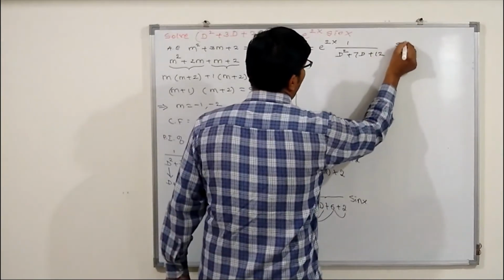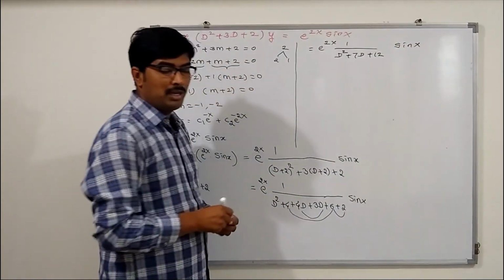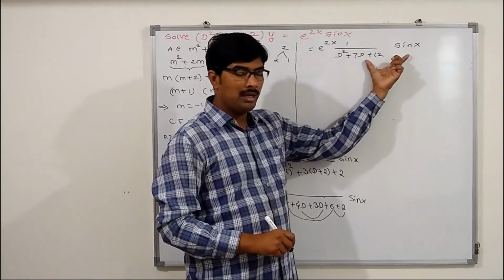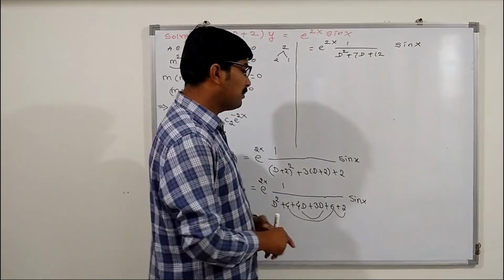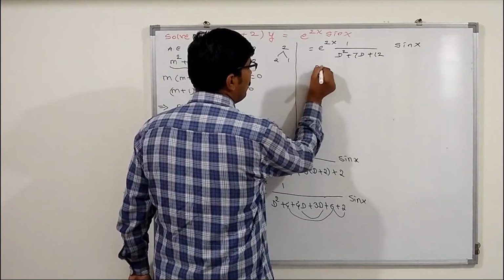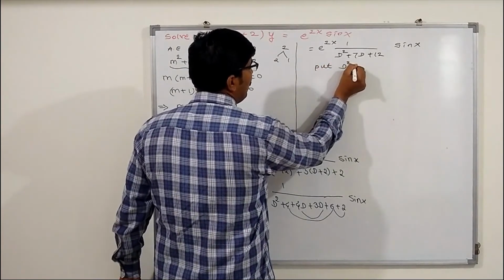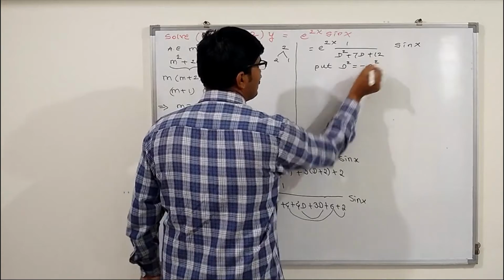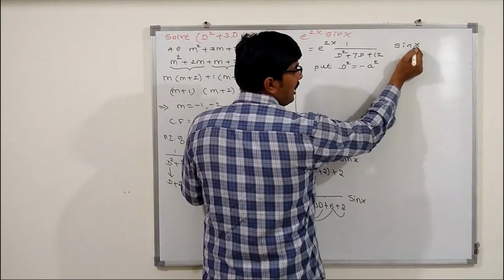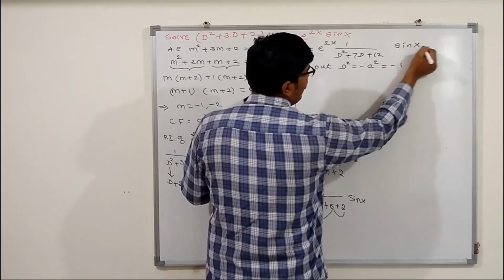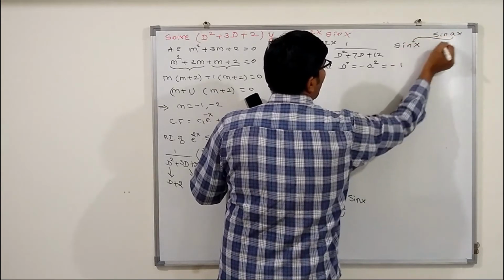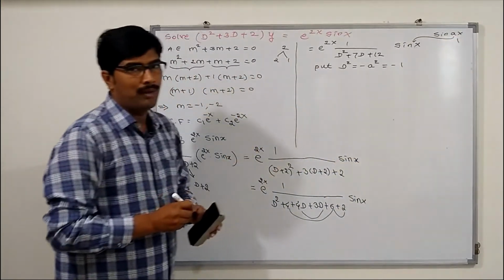Next, sin x. This is the particular integral of e raised to 2x into sin x. But still, we have to find the particular integral of this sin x. We know that to find the particular integral of sin x, we can put D square is equal to minus a square. And here a is obtained from the sin x term: if you compare with sin ax, a is equal to the coefficient of x, that is 1.